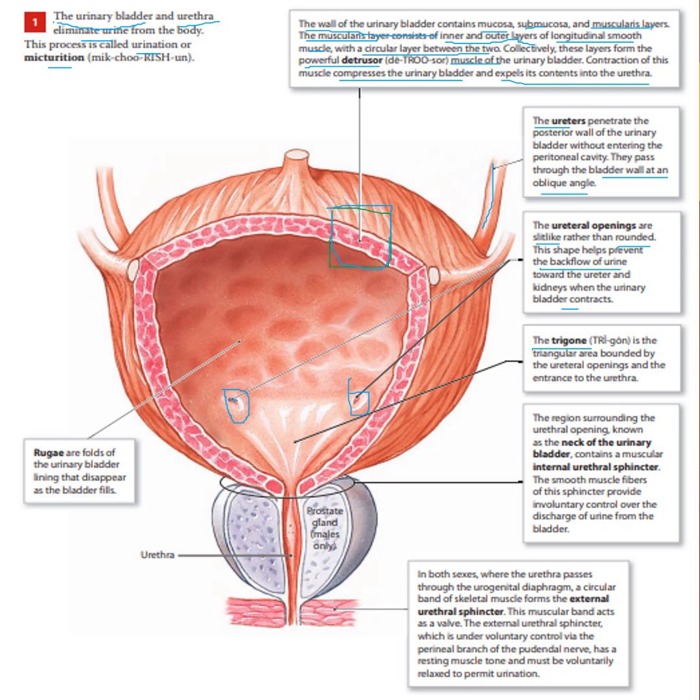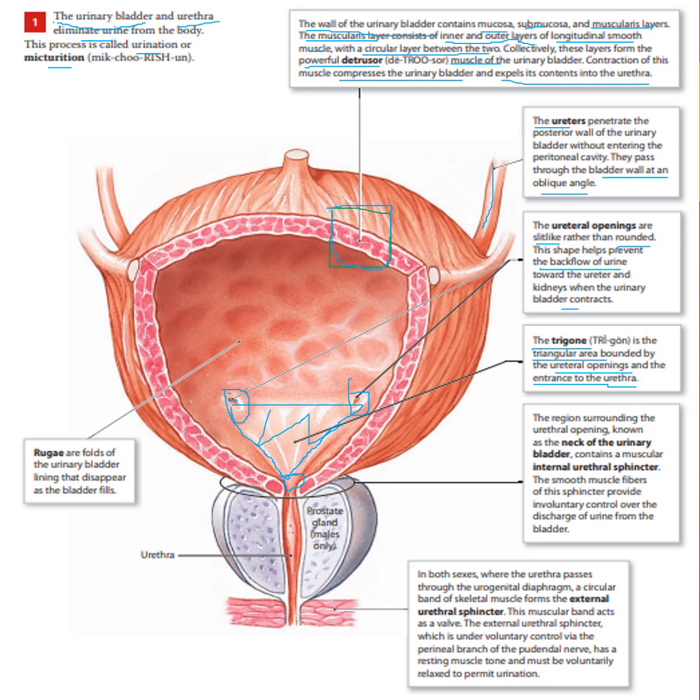So the trigone is the triangular surface bounded by the ureteral openings and the entrance of the urethra. As you can see, this is the triangular shape, which is known as the trigone. It is bounded by the two ureteral openings and the opening of the urethra.